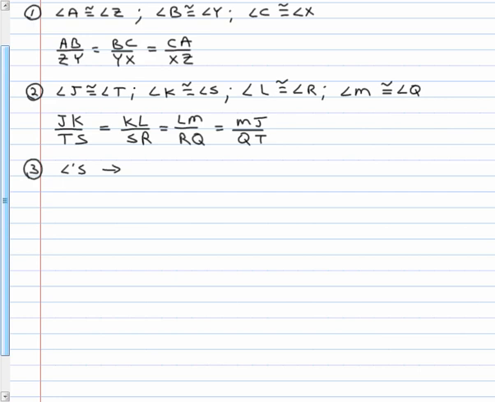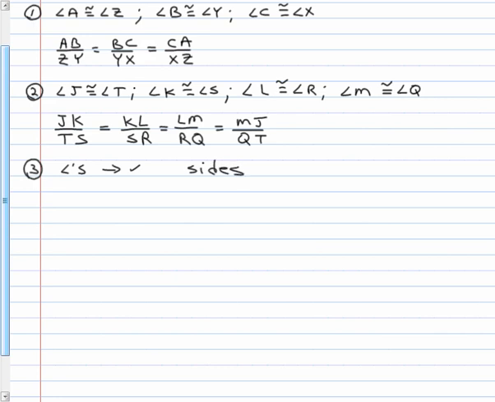They have 3 right angles. We know the last one must be a right angle because the quadrilaterals both add up to 360 degrees. We've used 3 90s, that's 270 in each one. We still have 90 degrees left over. So we know the angles work. Check on the angles.